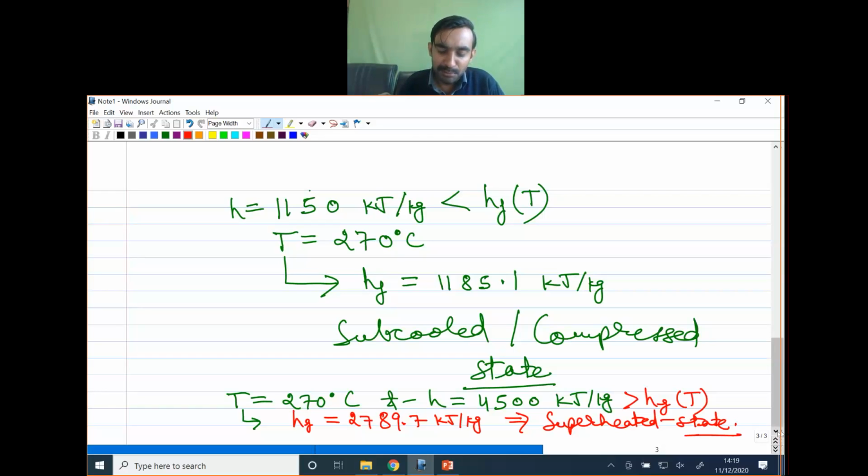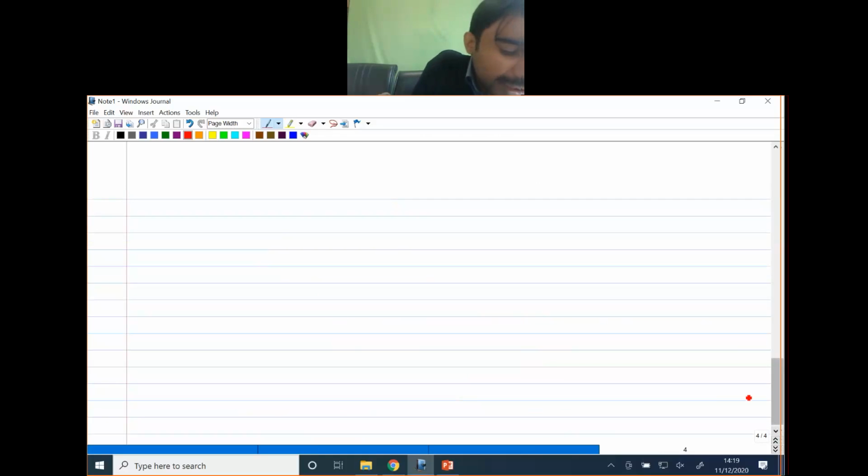With the help of saturated tables, if two properties are given and the physical state of the system is not specified, we are able to determine whether our state will be compressed or superheated. So this much we have already learned. But now, at this given compressed or superheated state, how to determine the value of other properties, let us see. Let me first start with the superheated state.